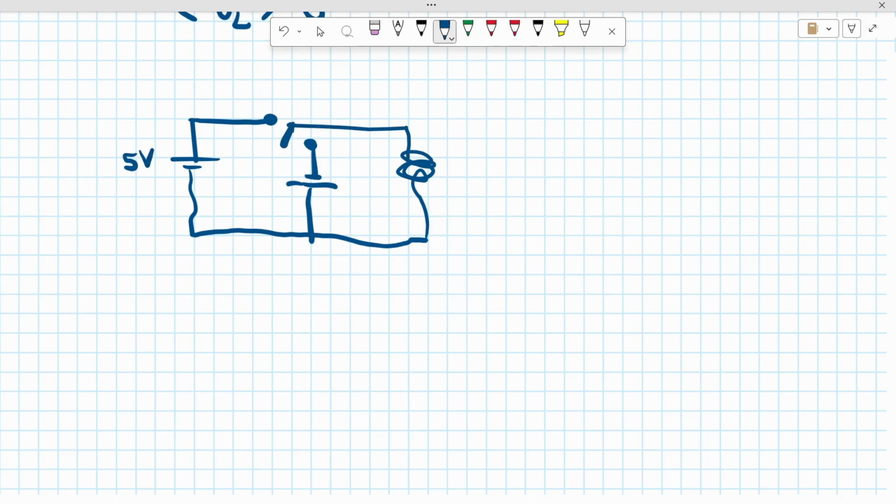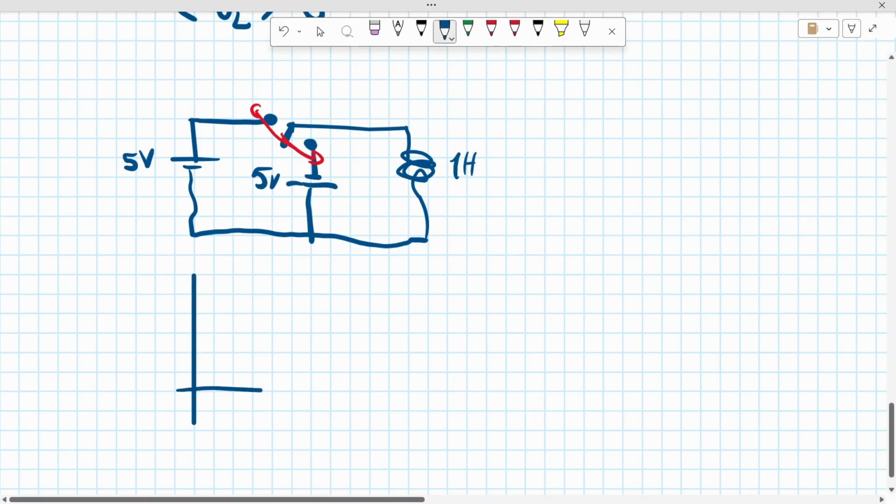This is 5 volts and this is negative 5 volts, but it switched polarity or reversed polarity. So if we keep switching between these guys, right, meaning the voltage across this inductor, which is 1 Henry, of course, the voltage across this inductor looks like this.